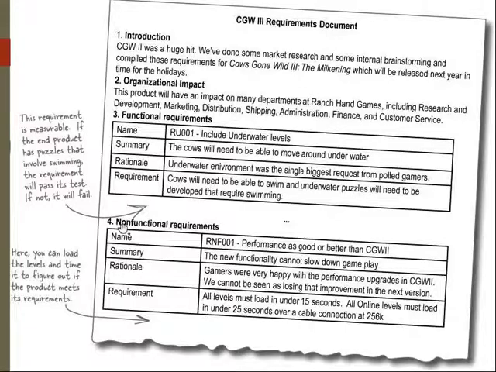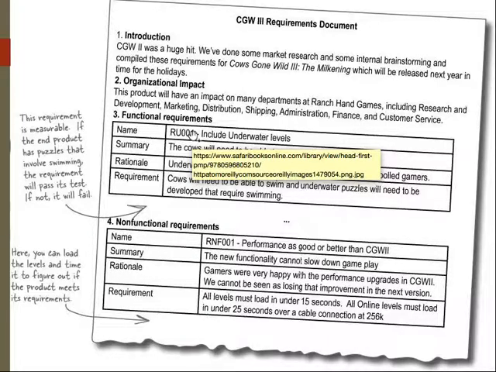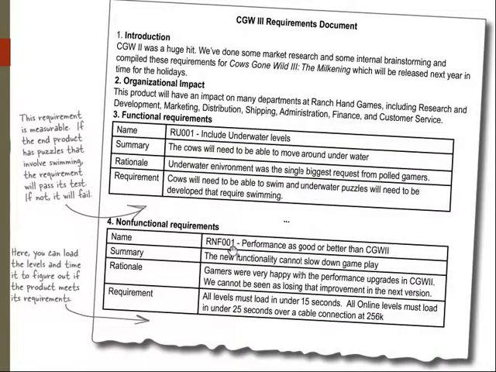And what does a non-functional requirement look like? Also, you've noticed that usually we give a code name to each requirement. Maybe we have 20 or 30 requirements, so each one will have a code name.